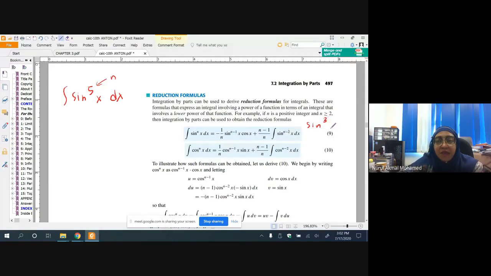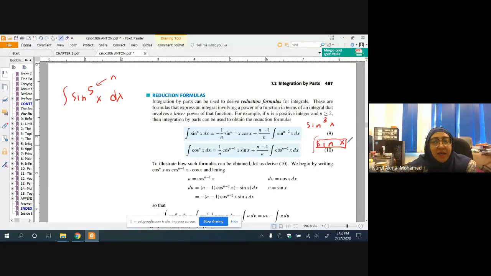After you get sine to the power of 3, you can reduce again so that the new integral will be just sine x. By the time you get this one, you can easily solve this integral, because this one is easy.